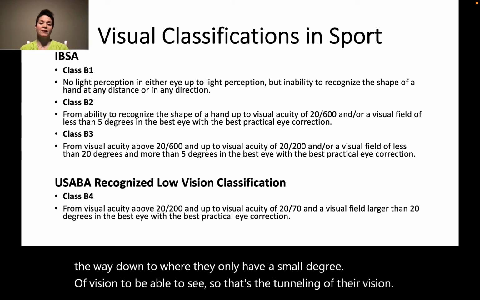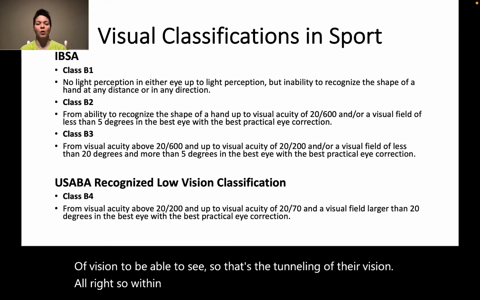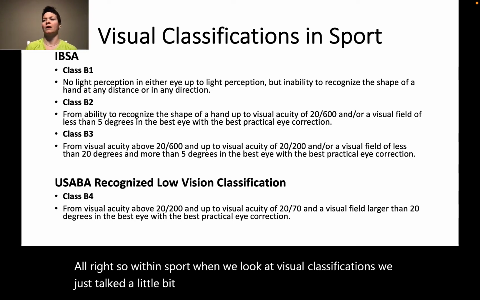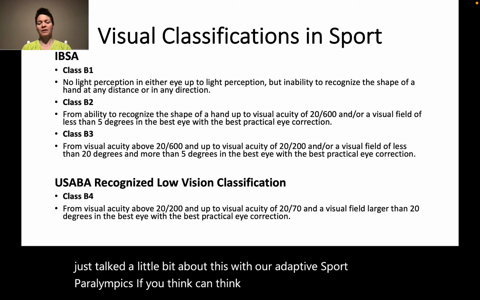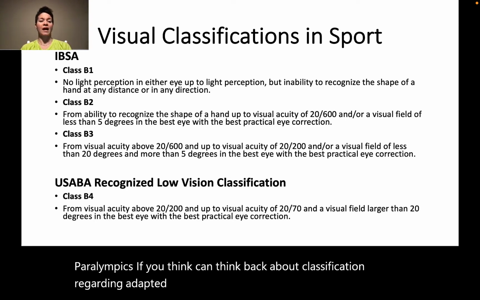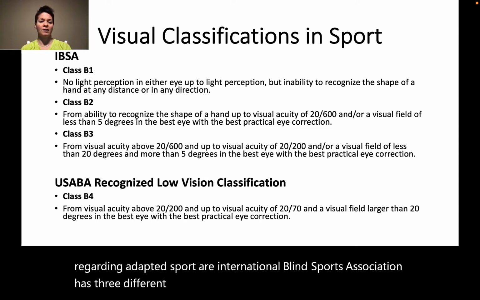All right, so within sport, when we look at visual classifications, we just talked a little bit about this with our adaptive sport Paralympics, if you can think back about classification regarding adapted sport. Our International Blind Sports Association has 3 different classifications, class B1, B2, and B3.